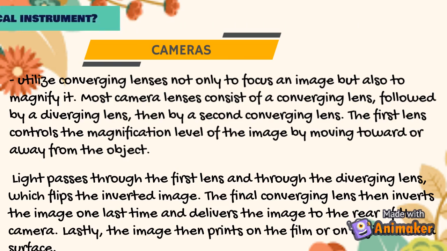Light passes through the first lens and through the diverging lens, which flips the inverted image. The final converging lens then inverts the image one last time and delivers the image to the rear of the camera. Lastly, the image is printed on the film or on a digital media surface.